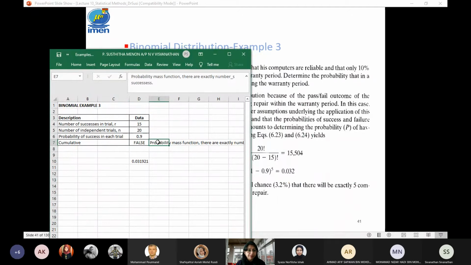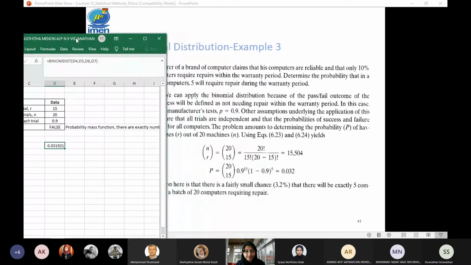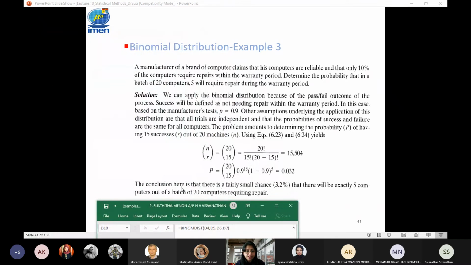There are exactly that number of successes, and it gives you 0.031921. So the conclusion here is that there is a fairly small chance, 3.2%, that exactly 5 computers out of a batch of 20 will require repair. Okay, so this is how you use a binomial distribution.